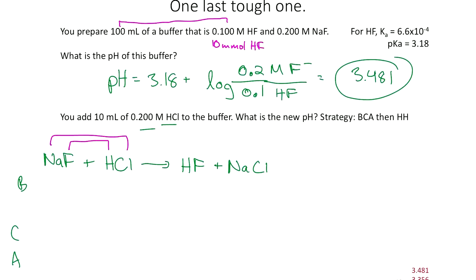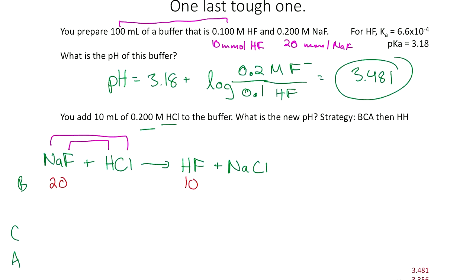And then I think there's 20 millimoles of NaF present in this mixture. Right? So those two values go in our before line. I have 20 millimoles of NaF and 10 millimoles of HF. Okay, I know I have things on two sides, just trust me for now, okay? That's what we're starting with.